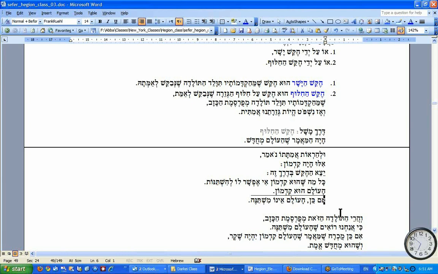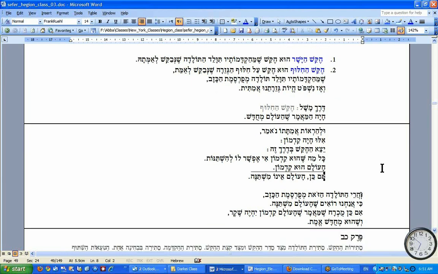So here he goes. V'hine hatolda hazos miforsemes koze. The fact that the world is not changing is obviously false, because we see that the world is constantly changing.